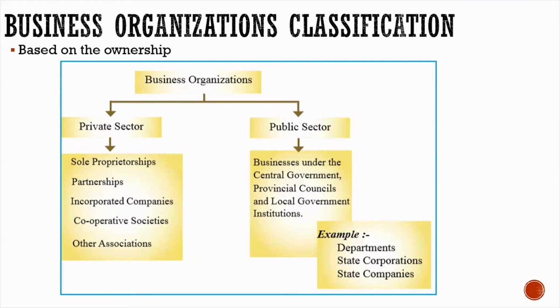But when you're writing, please do not write like what are the classification and don't jump into writing departments and state corporations. Write businesses under the government or central government, provincial councils, and then provide this example. Please stick to your textbook whenever you're working.